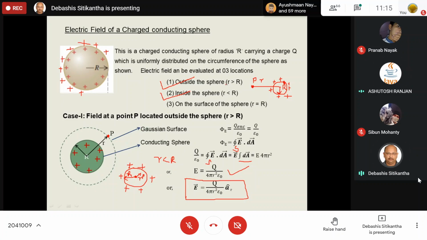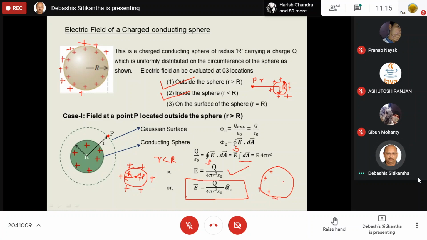Let me show you the idea. Now this is your conducting sphere. As I told you, this is hollow in nature. The charges are equally distributed along the inner as well as outer surface of this sphere.